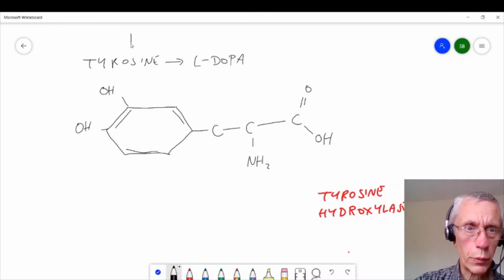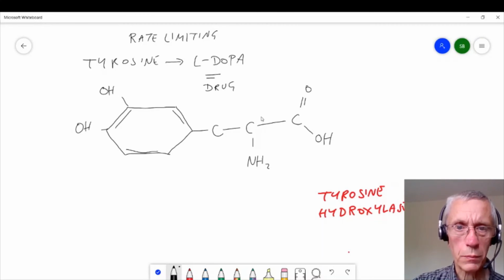And this is the rate limiting step. L-DOPA is important because it's a drug which has been used in the treatment of Parkinson's disease.